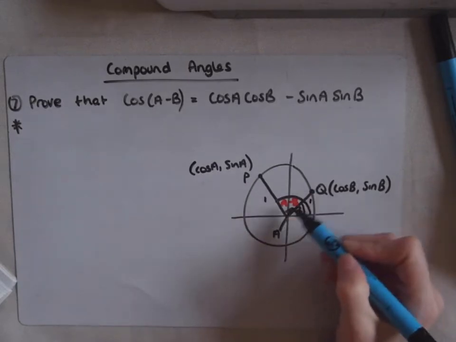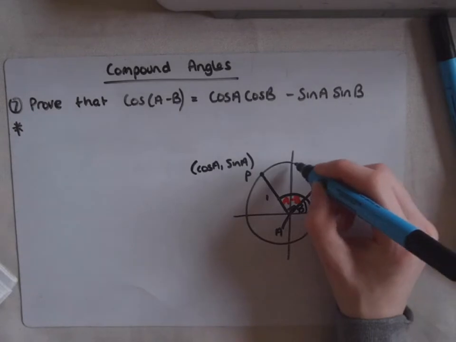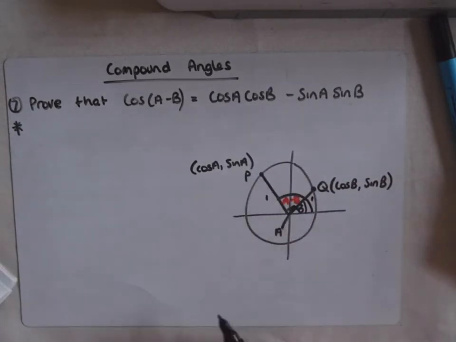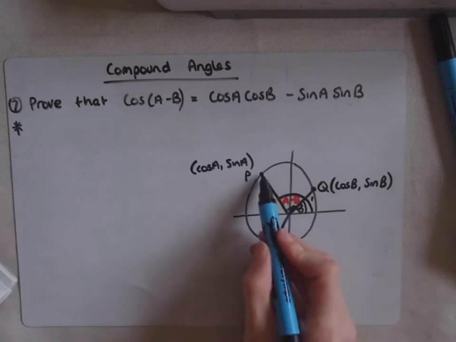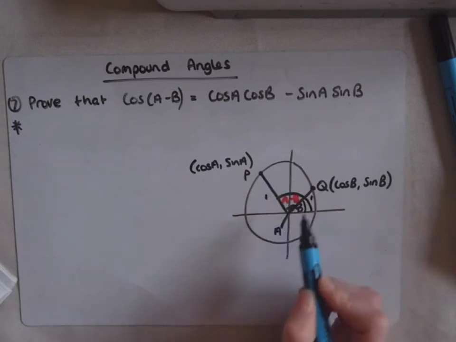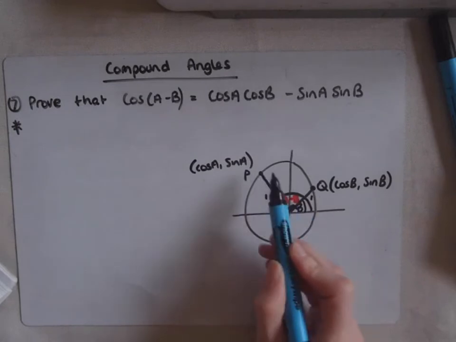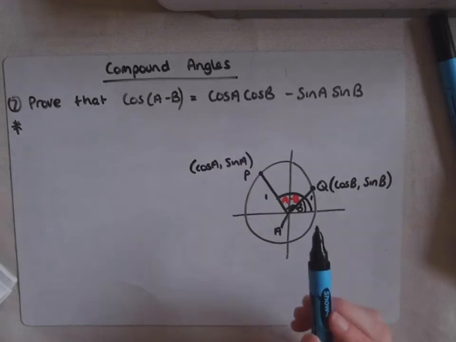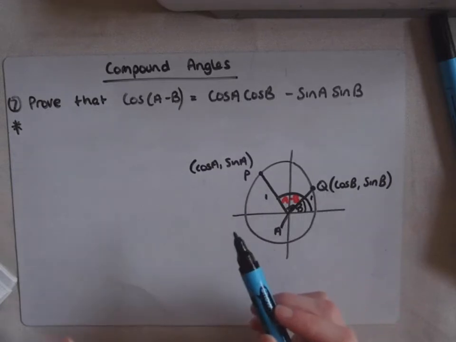The radius of the circle is 1 and 1. So if we think about this as a triangle, I have the angle in the middle and these two, I could do cosine rule to find PQ. So I'm going to do distance formula to find PQ, and I'm going to use cosine rule to find PQ.